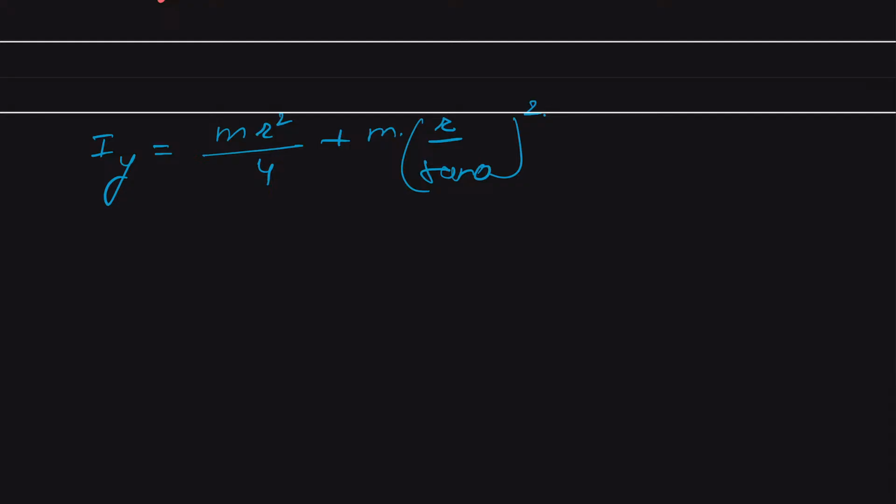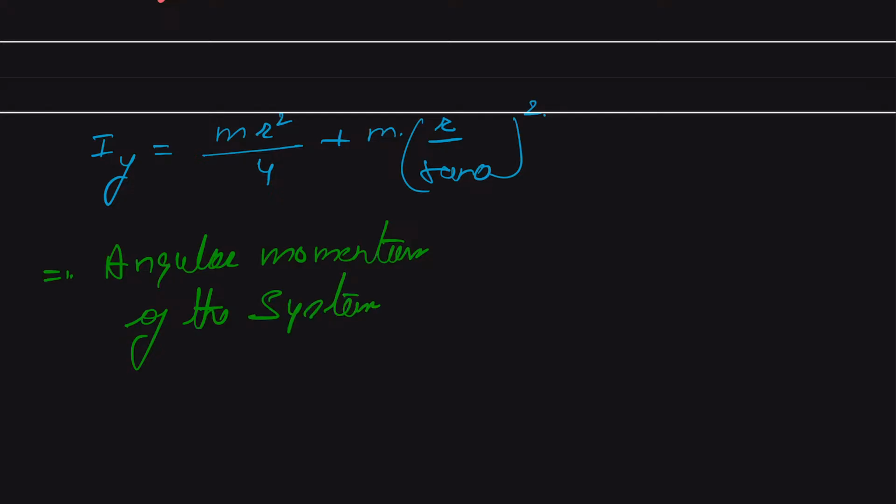And therefore we can say that the angular momentum of the entire system, and let us call this our L. So L will be equal to the angular momentum along the x-axis, comma, the angular momentum along the y-axis, and for z it is equal to 0.